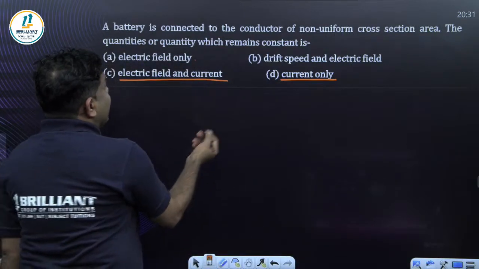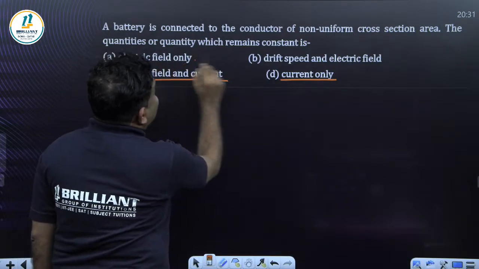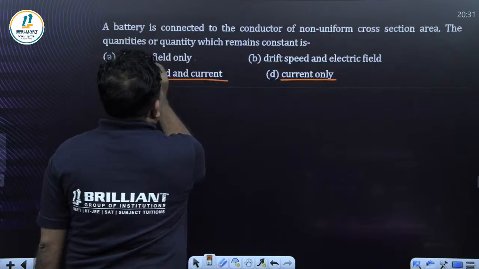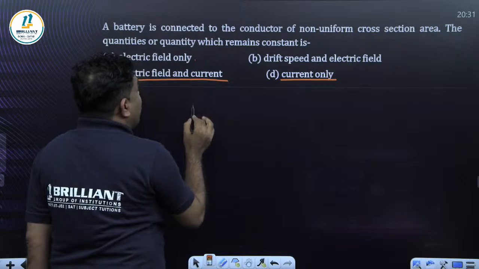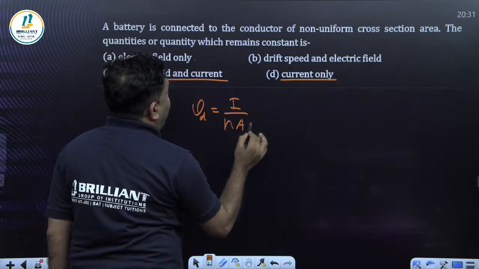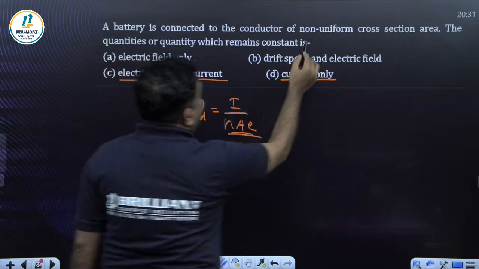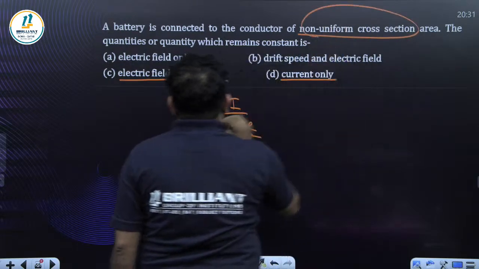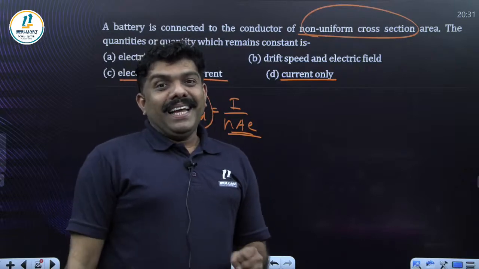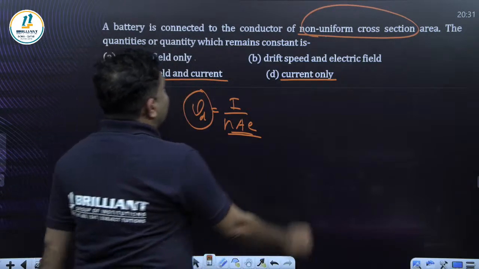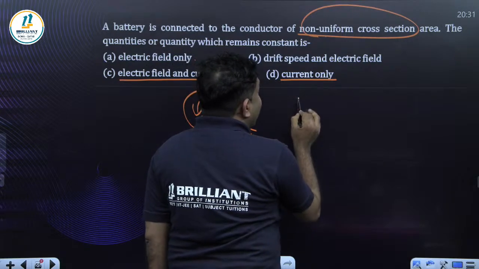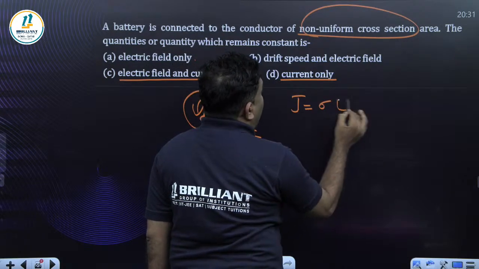First of all, in the case of drift velocity, we know the formula I by NAe. The area of cross section is different, so drift velocity will be different. That is clear. And next, electric field: you know the formula J equal to sigma E.